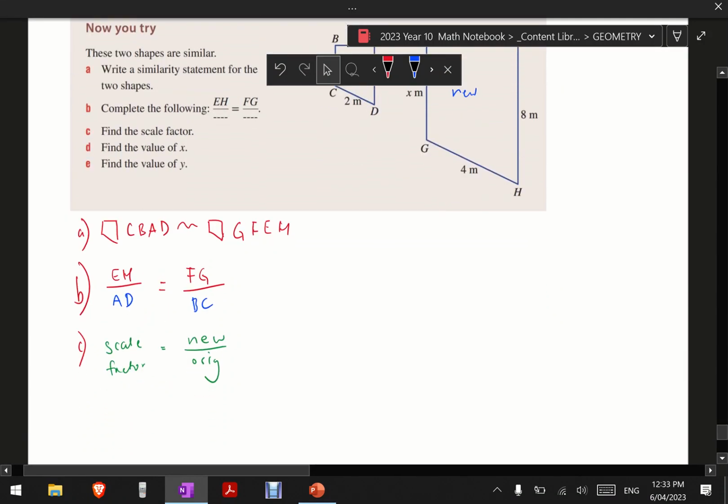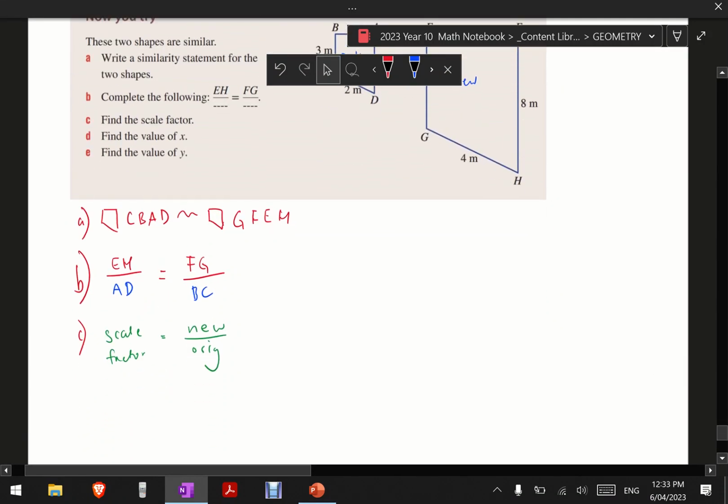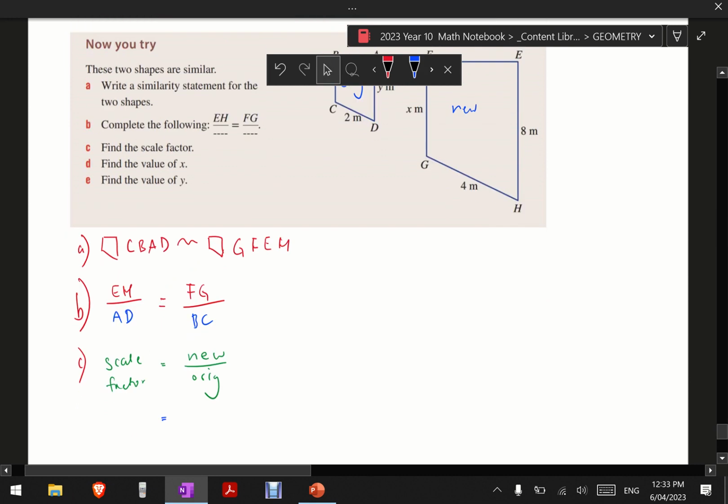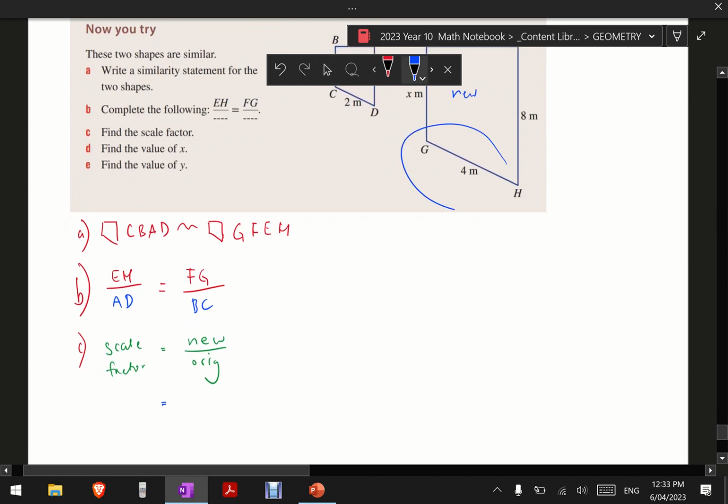For my new shape, I'm going to use the corresponding side of GH, which is there, which is 4. So let's just write GH.